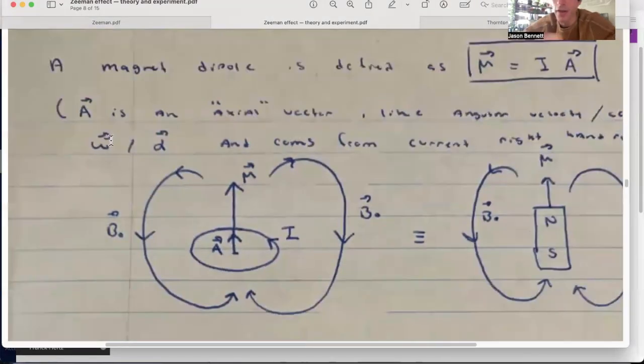It's just like if you have a spinning wheel, the angular velocity is a vector too, and that points out of the wheel. So if the wheel's spinning like this, angular velocity is that way. You can do it in the exact same way as the current right-hand rule. If I curl my fingers with the current, where's my thumb pointing? Up. That's the direction of my axial vector.